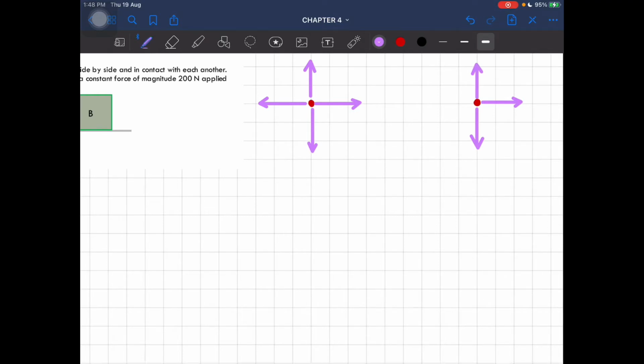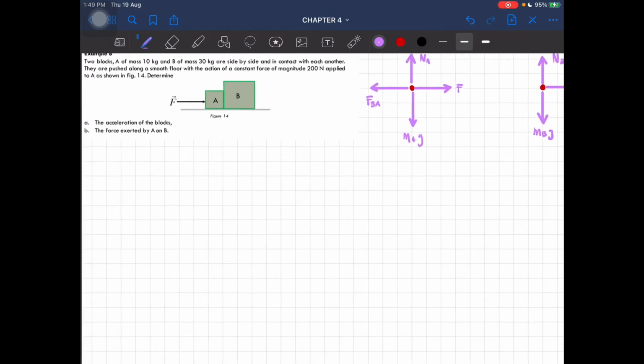Okay, so this one is the weight mg, and then this one is the external force. This one is the reaction force by B on A, and then this is the normal force. This one is the weight, and then this one is the force by A on B, and then this one is the normal force. Okay, so that is the free body diagram.